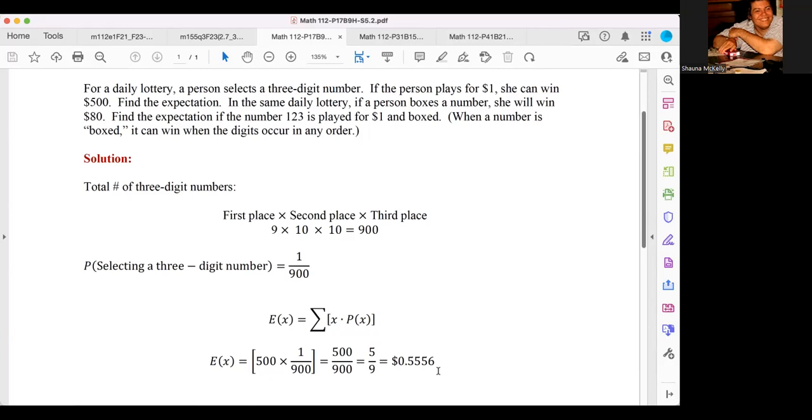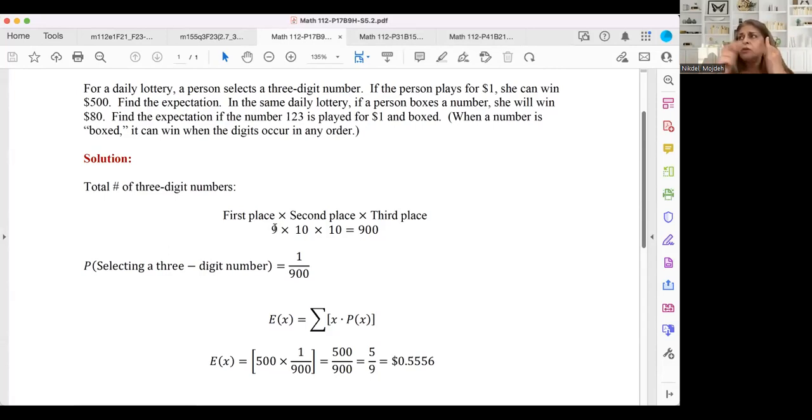Sorry, for the three-digit number, how did you get first place, second place, third place, like 9, 10, and 10? Let's look at, for instance, 245. That's a three-digit number. For the 2, the hundreds, you cannot have a 0 digit, because if you have a 0 for the hundreds you get a two-digit number, correct?